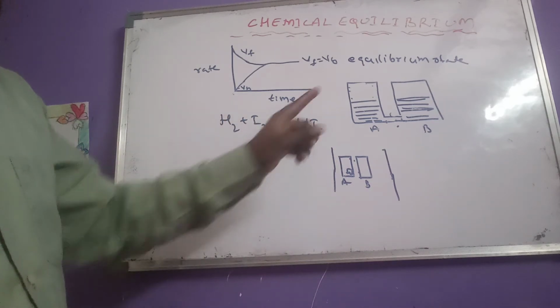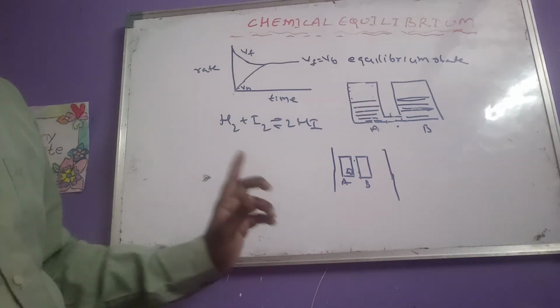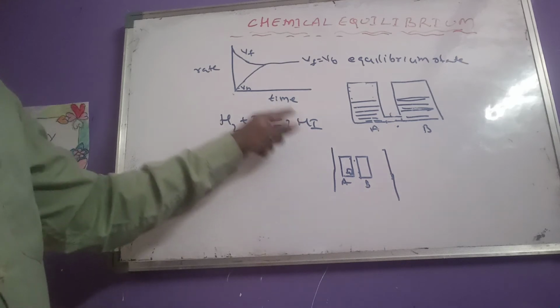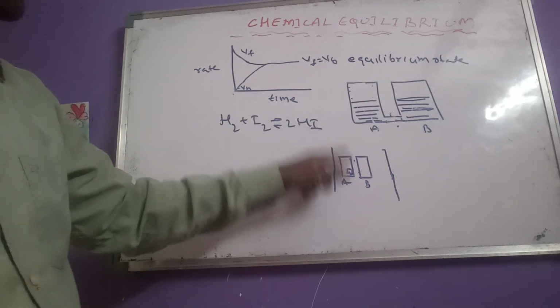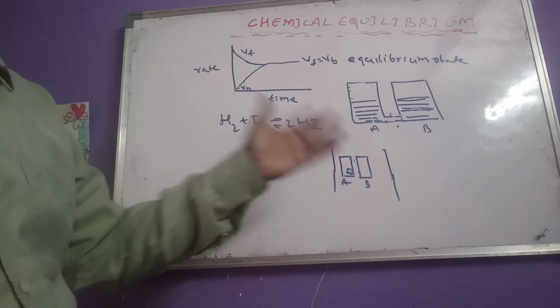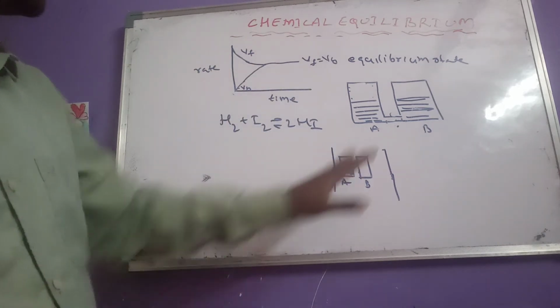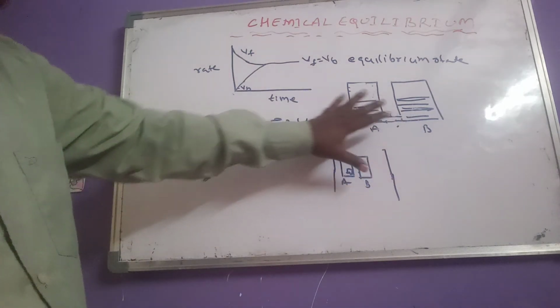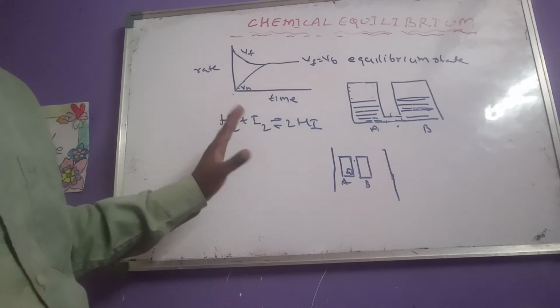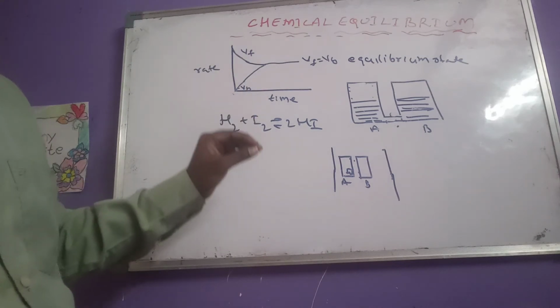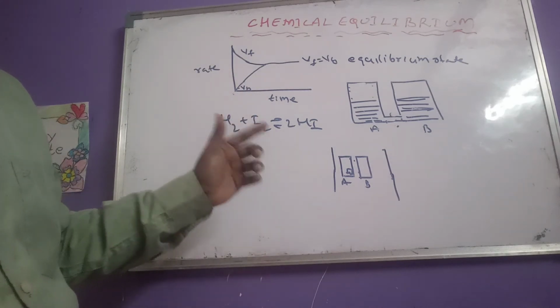That means at the equilibrium position also, both forward and backward reactions continue to take place. It looks like a static mode, but that is not correct. Equilibrium is dynamic in nature.